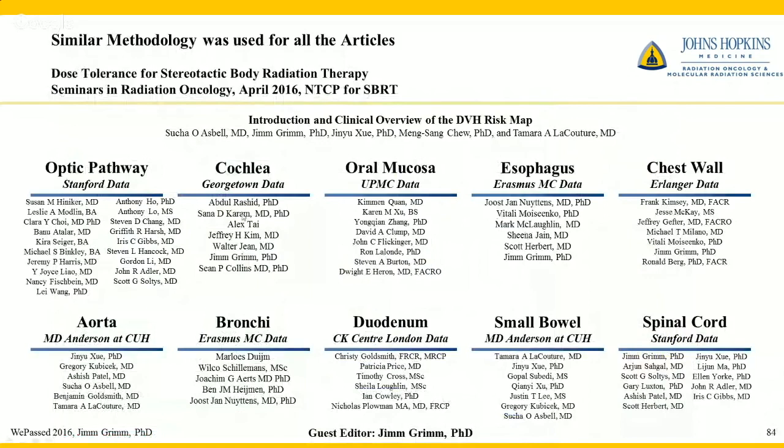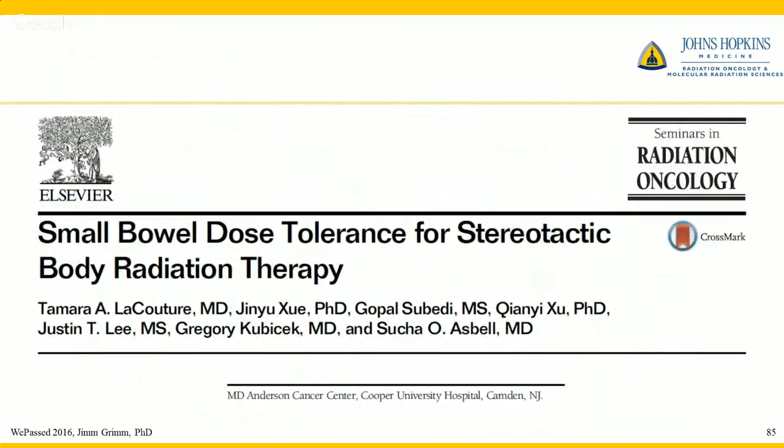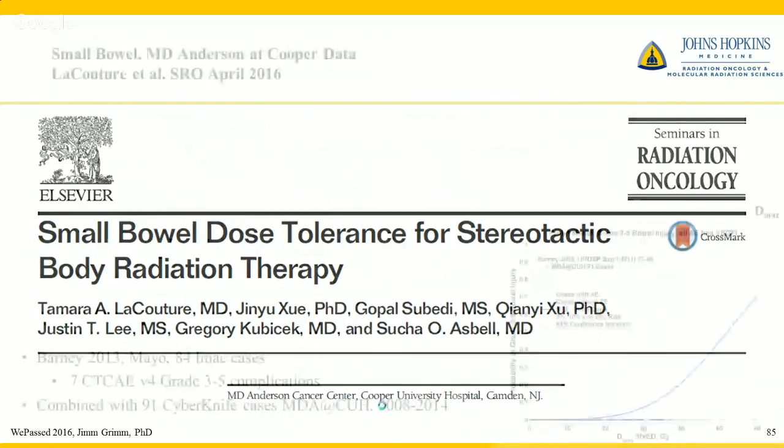So all of the 10 papers in Seminars in Radiation Oncology in April of this year, we use the same kind of methodology, and it's based on actual clinical outcomes data combined with the SBRT dose tolerance limits that were already published, so that we can now have an estimate of what the risk level of each of those is. So just as one more example, here's a small bowel, also from MD Anderson at Cooper.